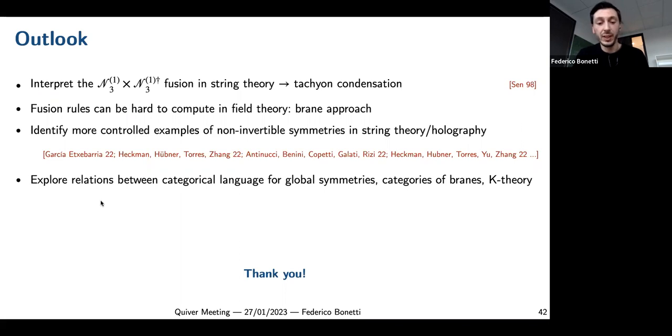In terms of instead addressing those questions specifically, my guess is that those are intimately tied to the representation theory of these non-invertible symmetries. So that in turn opens up other questions. They have been addressed. There are some works.